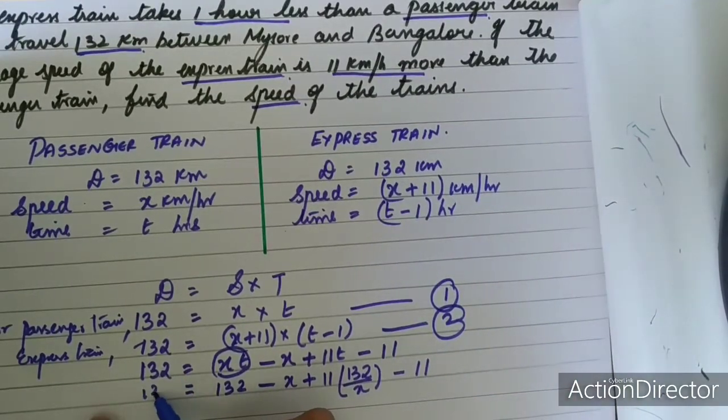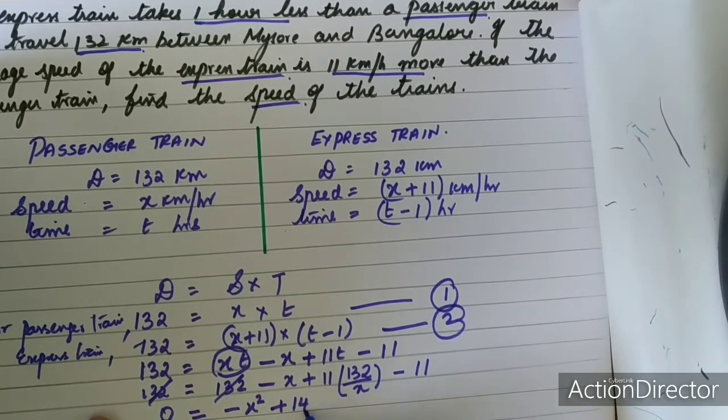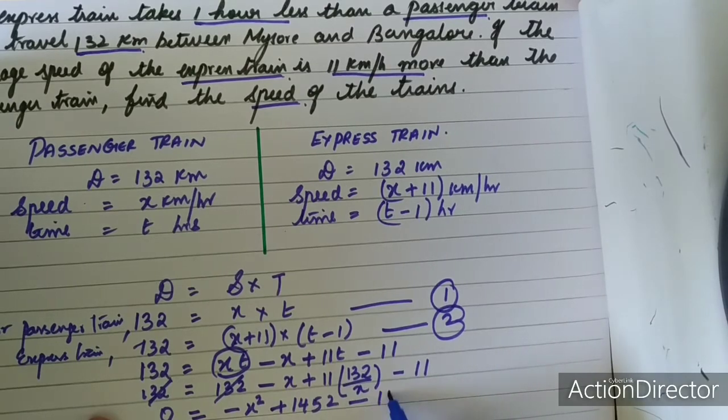So as usual, this 132 will get cancelled. After taking LCM, you will be getting minus x square plus 1452 minus 11x. Now rearranging, you will be getting x square plus 11x minus 1452 is equal to 0.